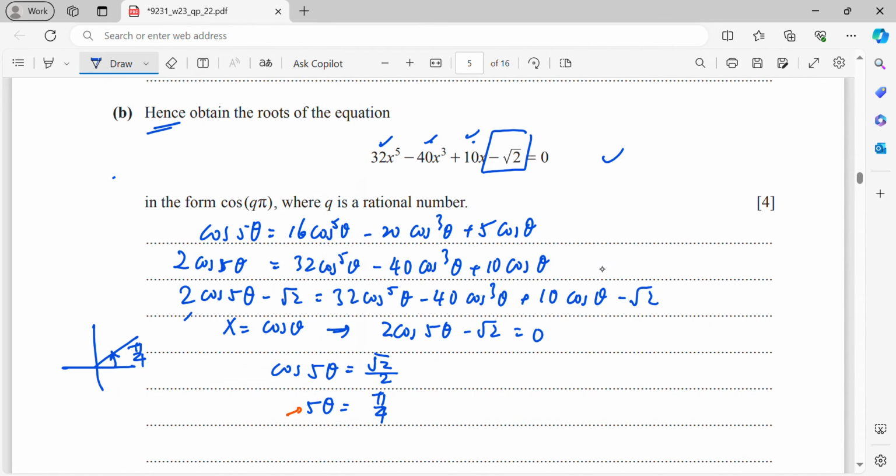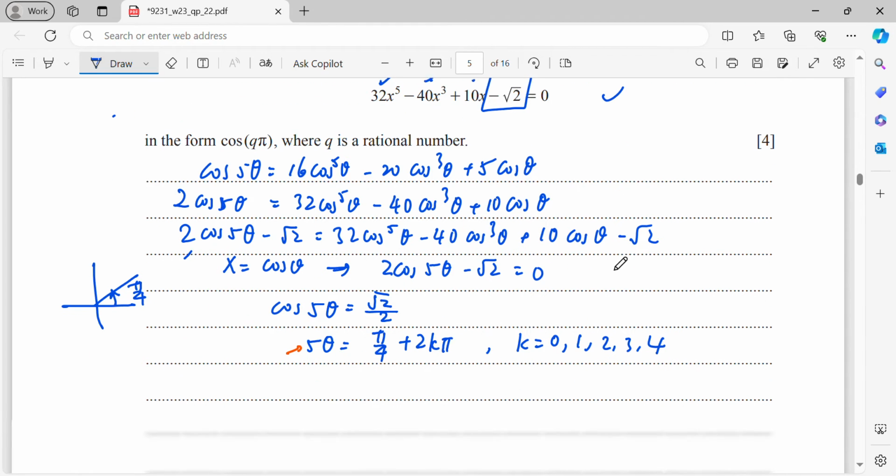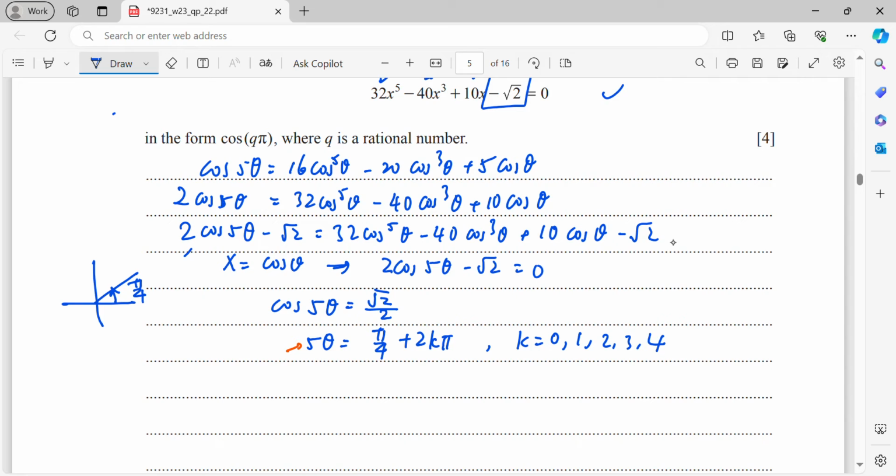Therefore, we have to add 2 k pi. So my k will be 5 values starting from 0, from 0 to 4. So now my theta is pi over 20 plus 2 over 5 k pi.